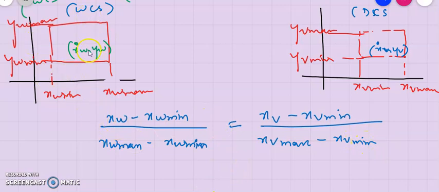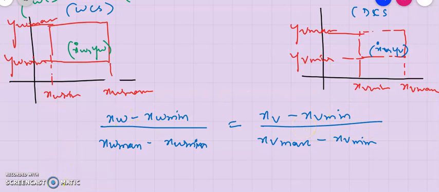So the relative proportions have to be maintained very properly whenever I'm doing my world coordinate system to device coordinate system. Okay, so this is the relative proportion that I have received, right?